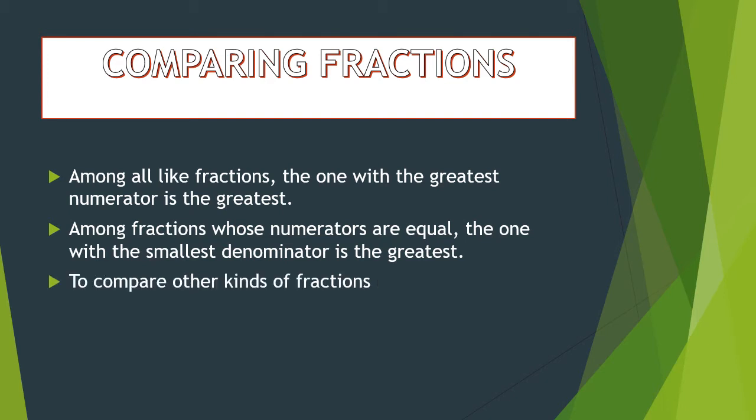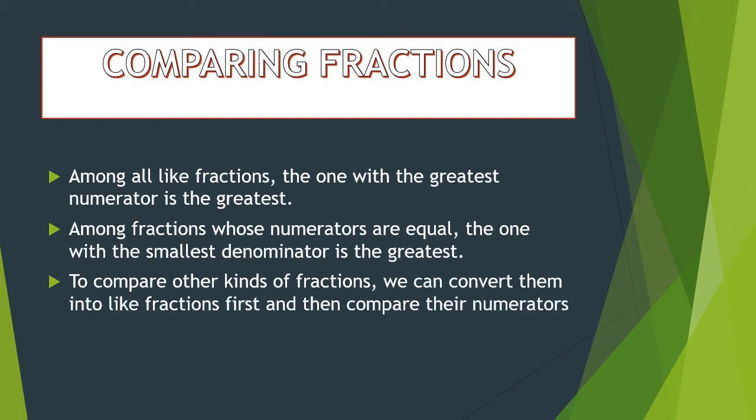Then to compare other kinds of fractions, we can convert them into like fractions first and then compare their numerators. So another method is, if both the numerators as well as the denominators are different, then we need to convert the given fractions into like fractions first by taking out the LCM of the denominators of the given fractions, and then we have to compare their numerators.